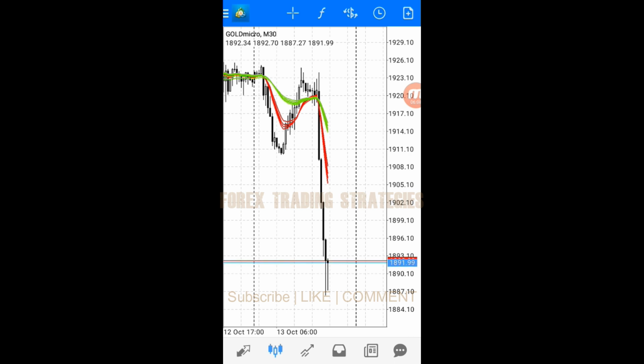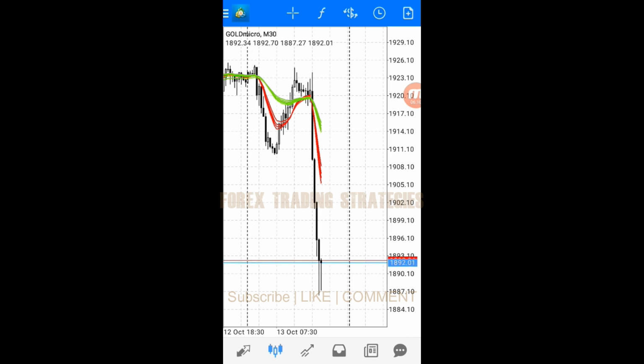Gold was bearish. Why? Because the US dollar is strong. If you have been around Forex, you know the relationship between gold and the US dollar. When the US dollar is strong, gold is weak. When gold is strong, the US dollar is weak, because people use either one of them as a store of value.